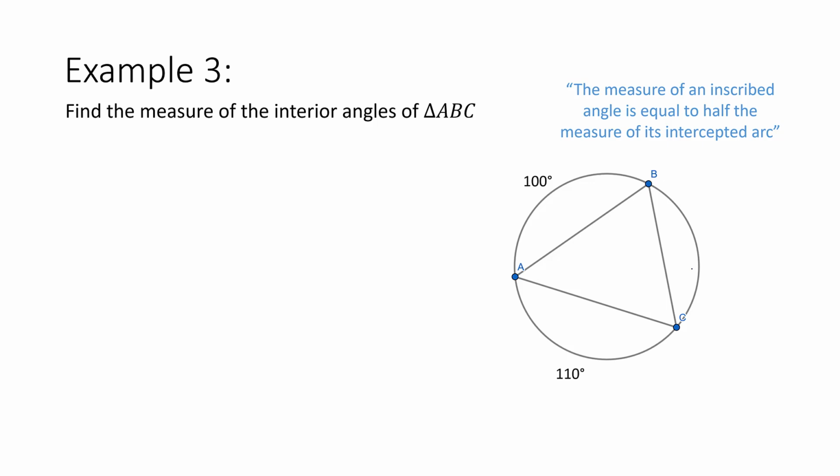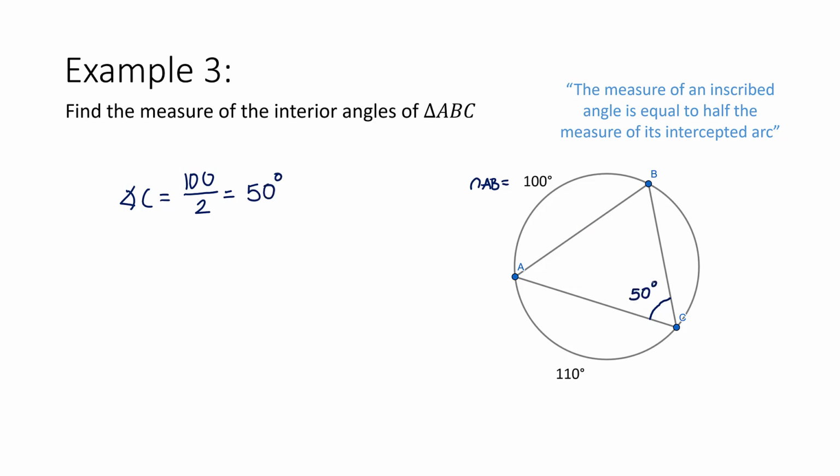Let's start with angle C. Angle C is an inscribed angle, and its intercepted arc is arc AB. And arc AB measures 100 degrees. Therefore, the measure of angle C is going to be half of 100 degrees, which is 50 degrees.